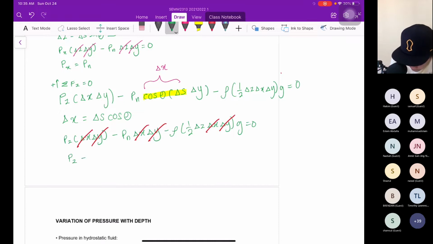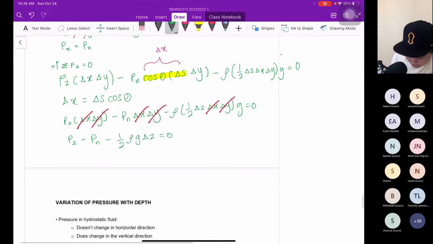We have Pz minus Pn minus half rho G delta Z equal to 0. Now it is best if we can make the Pz as a subject. So Pz equals Pn plus half rho G delta Z. So that is the equation.